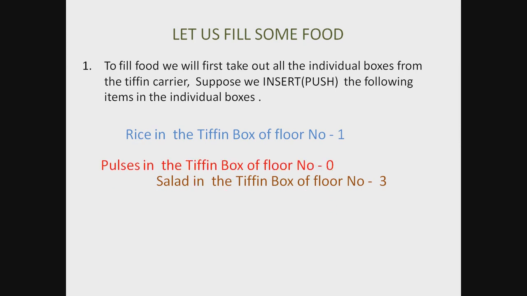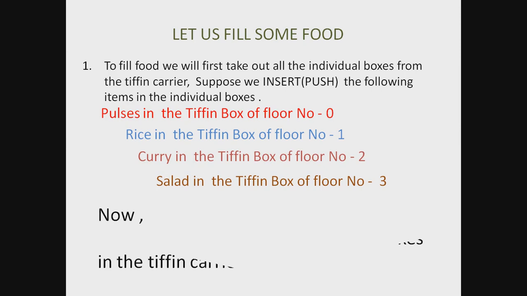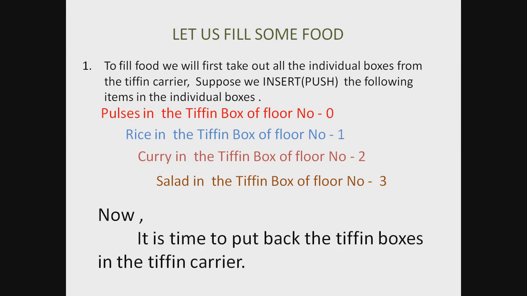Then let us put pulses in the tiffin box which would be kept at floor number 0, and curry in the tiffin box which would be kept in floor number 2. Now it is time for us to put back the tiffin boxes in the tiffin carrier.